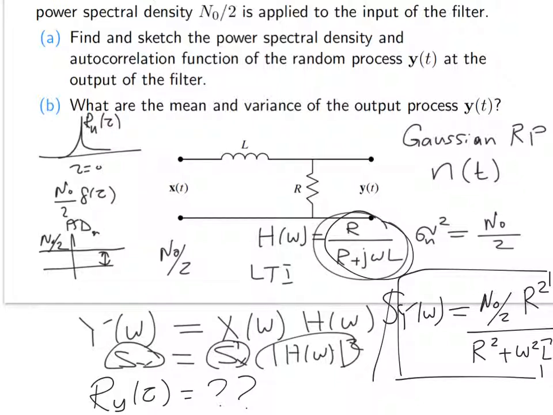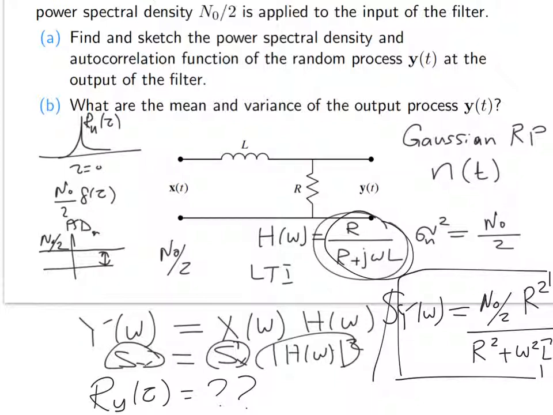So this is a function of omega squared, right? Someone get the table from the internet. So this resembles which one?